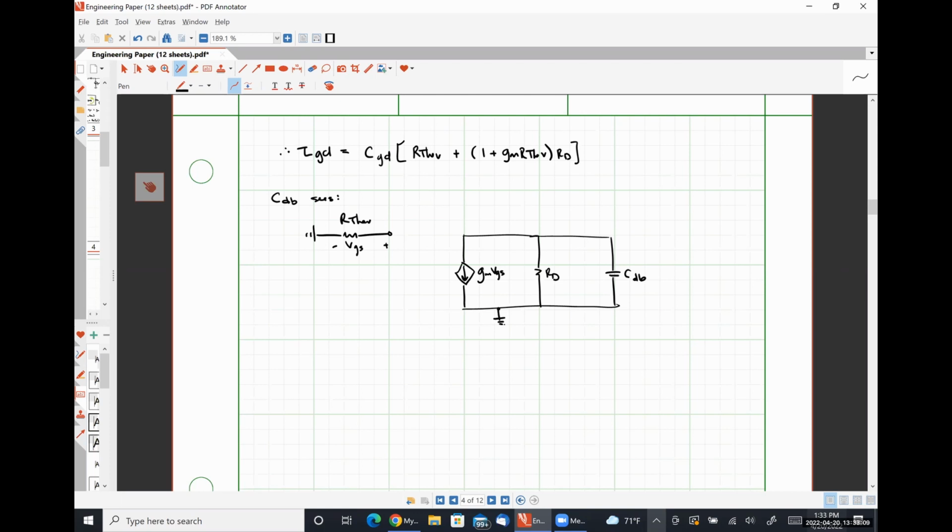Like so. So what's the resistance seen by CDB? Oh, no, it's RD. It's just RD because VGS is 0.